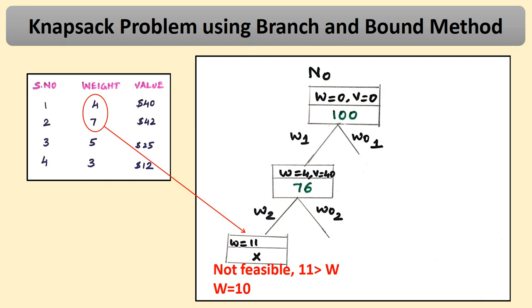So the weight of node 2 is 7 and the weight of node 1 is 4. So 7 plus 4 is 11. But what is the actual capacity of the knapsack? What is the value of capital W? That is nothing but 10. So that means it is not feasible. So we cannot construct further, and we can stop this on the left hand side, that is with weight. Now we have to go for without weight of node 2. Got it?